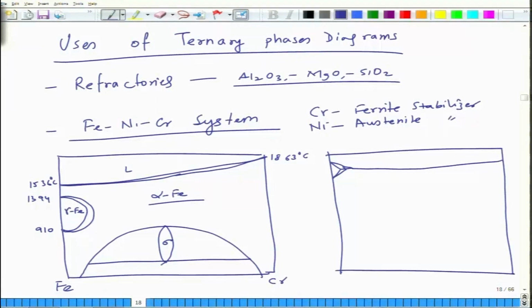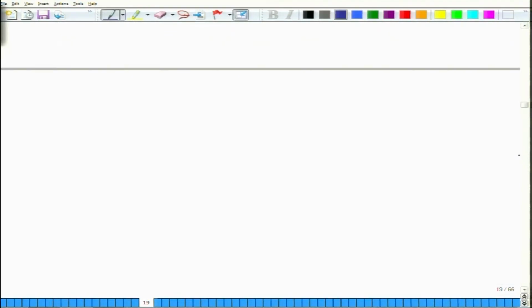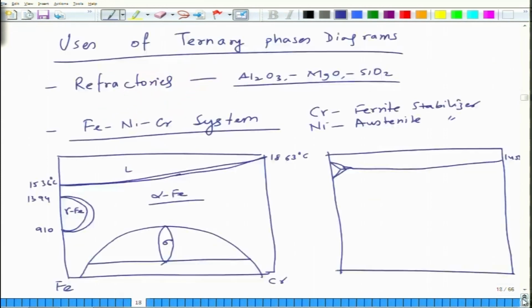This is 1455 degrees centigrade, and this is 1536 or so, and nickel tends to modify this region.